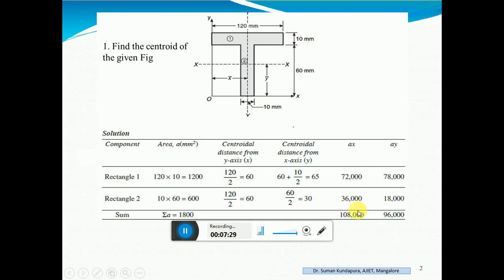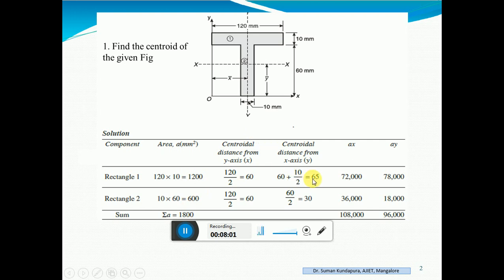Sum up these values, you will get summation of AX 108,000, summation of AY 96,000. Add up these areas, summation A, we want the total area, right? That is 1200 plus 600, 1800. You wouldn't have been able to calculate the area of this entire T section directly. 1800. So, we have split it and found out.